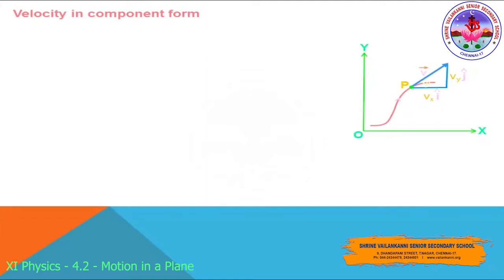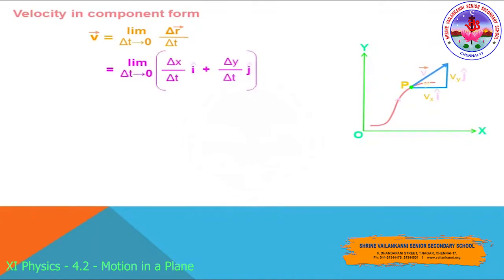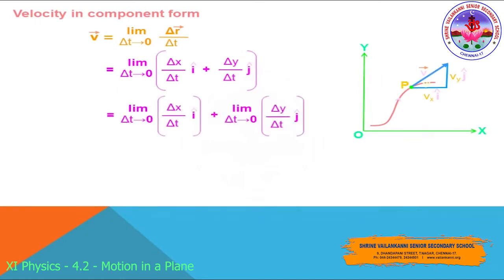Now the instantaneous velocity is given by V vector equal to dr vector by dt, which we can write as limit del t tends to 0 of del r by del t, or limit del t tends to 0 of del x i cap plus del y j cap by del t. That is del x by del t i cap plus del y by del t j cap. So limits we applied separately.